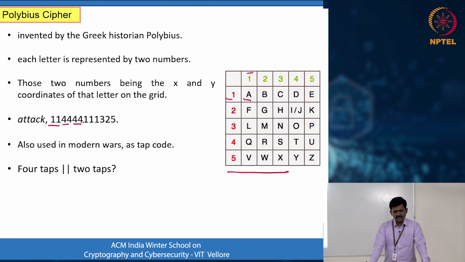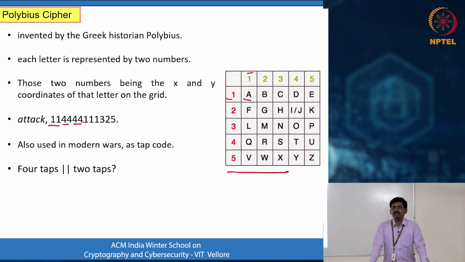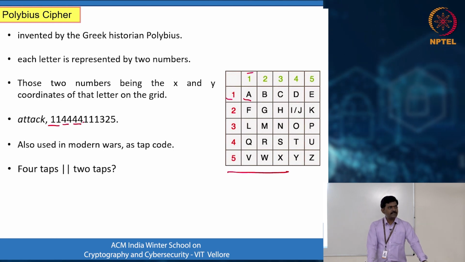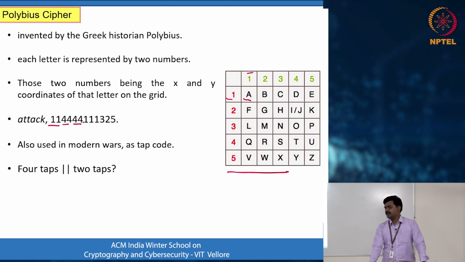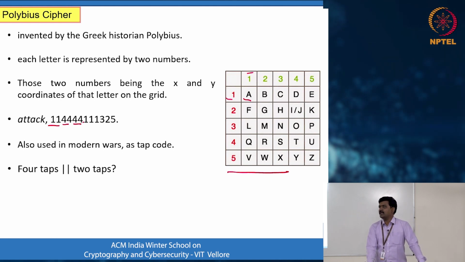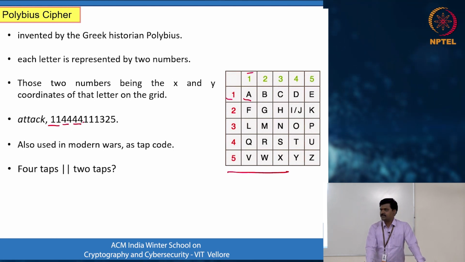It's a very simple cipher, the Polybius cipher, and you may wonder that though it is simple and was invented long back, it has still found application, even in the war that happened during the Vietnam period, the Vietnam War.